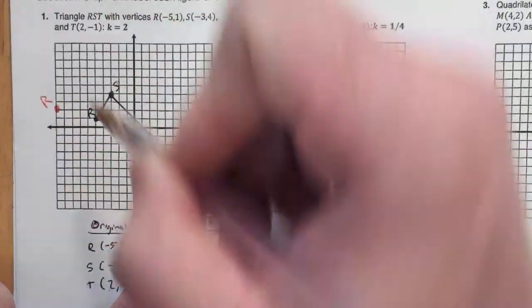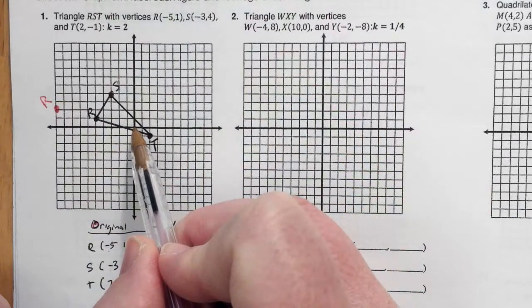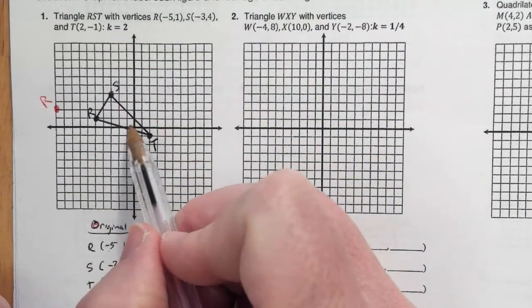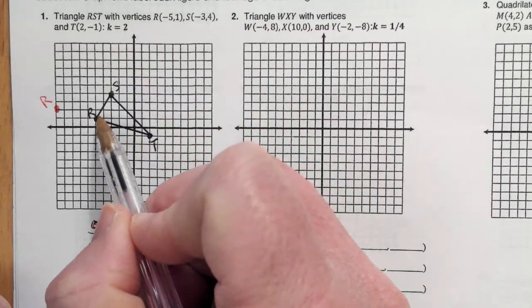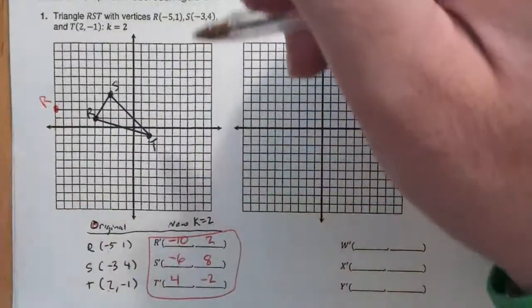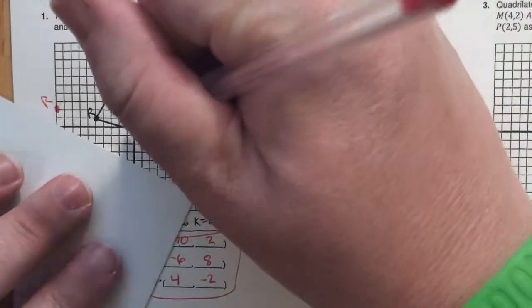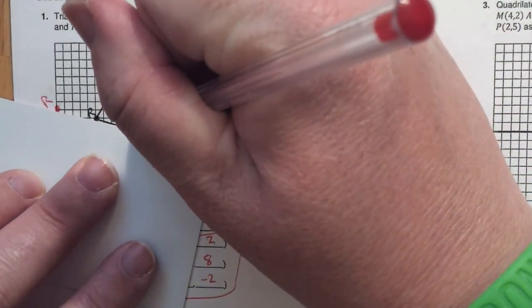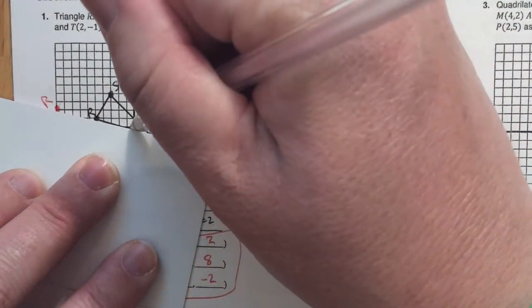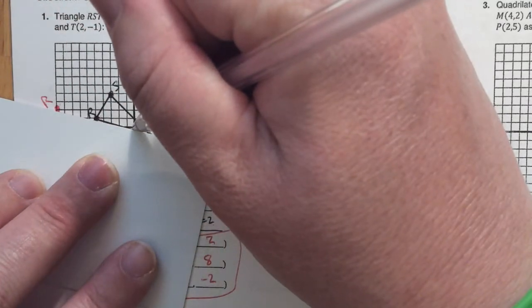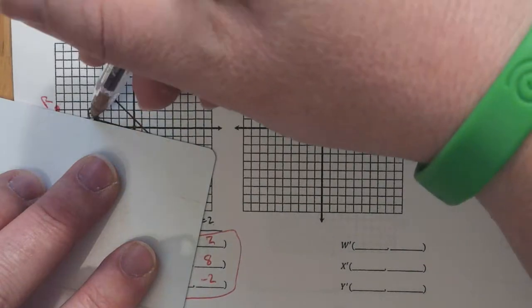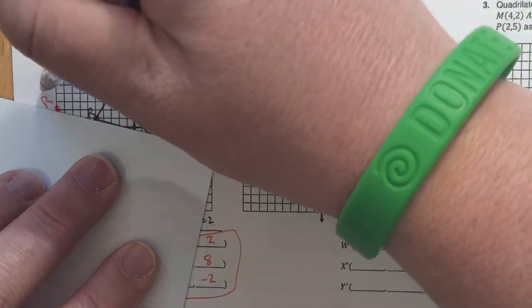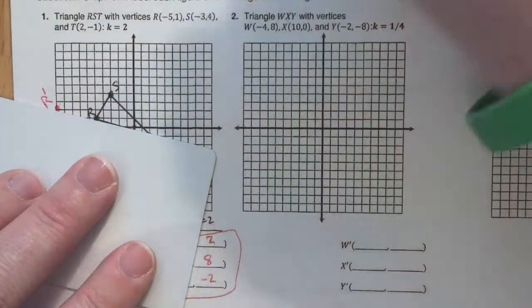That's your new R. So basically, the pattern that you did to go to R, you just did it twice. Please notice that this is from the center. A line can be made from 0, 0, your origin, through your R to your R prime. So all 3 of those would be on the same line.